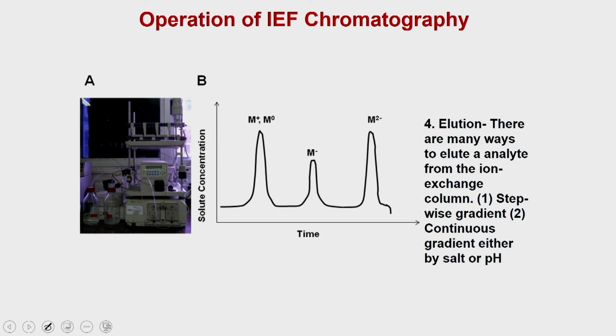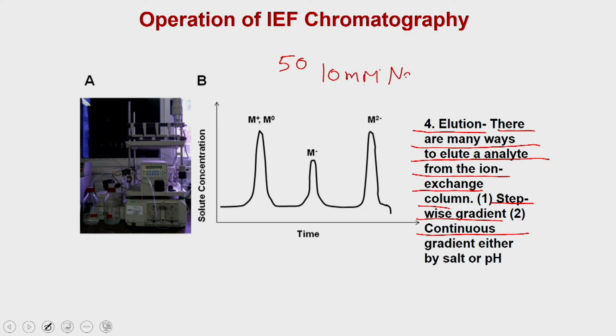Then the fourth step is, once the protein has bound to the column, you can use the elution. There are many ways to elute analyte from the anion exchange column. One is the stepwise gradient, the second is the continuous gradient. Stepwise gradient means that you elute the column in very discrete steps, for example, 10 millimolar NaCl, 20 millimolar NaCl.